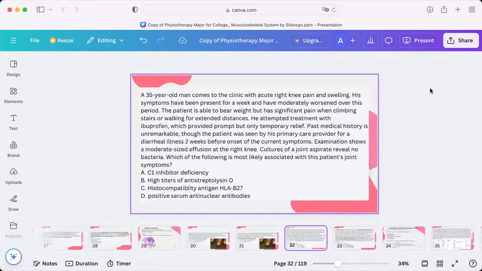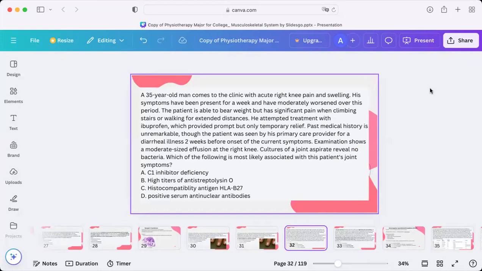Next question, we have a 35-year-old man that comes to the clinic with acute right knee pain and swelling. His symptoms have been present for a week and have moderately worsened over this period. The patient is able to bear weight but has significant pain when climbing the stairs or walking for extended distances. He attempted treatment with ibuprofen, which provided prompt but only temporary relief.